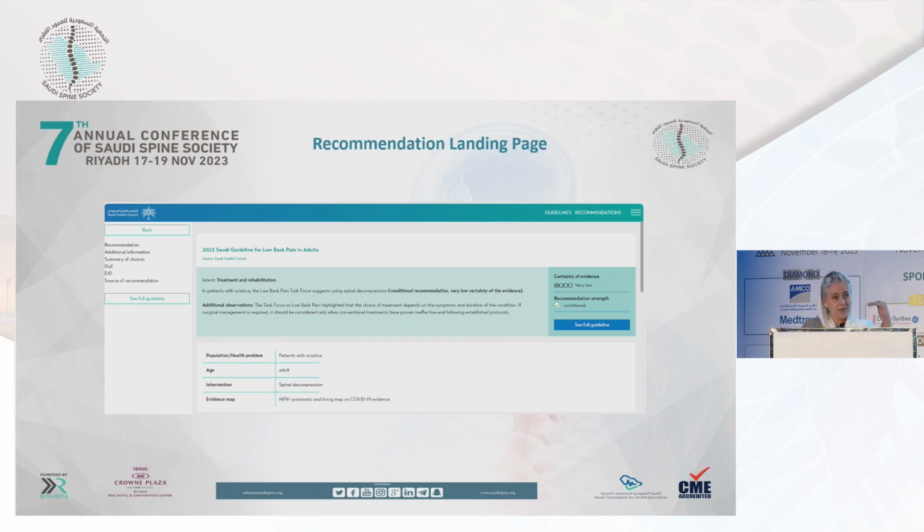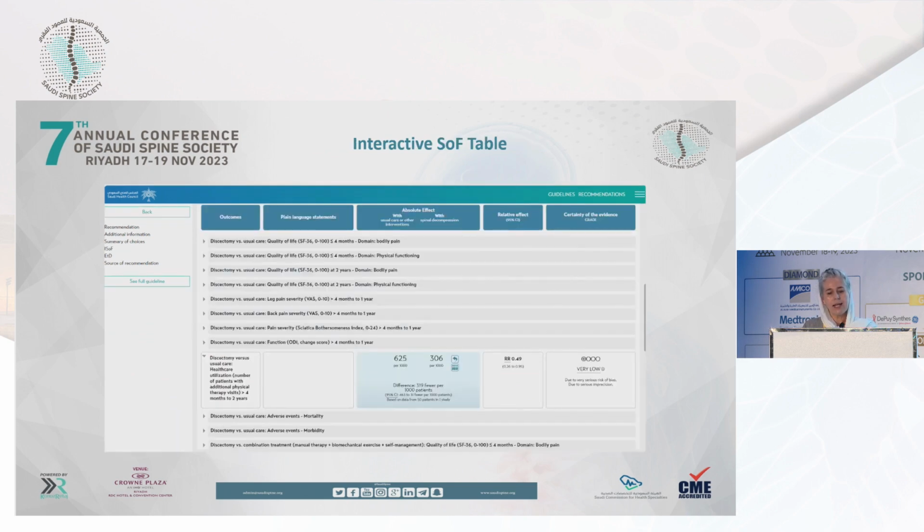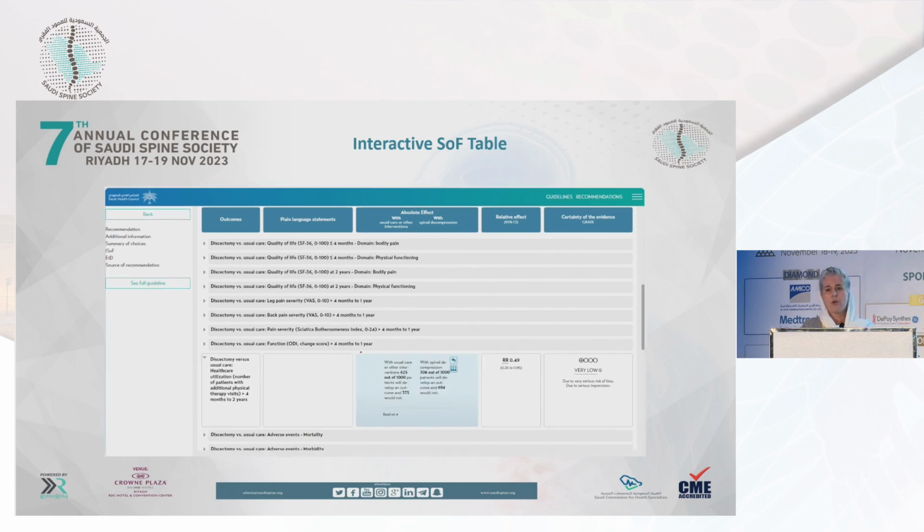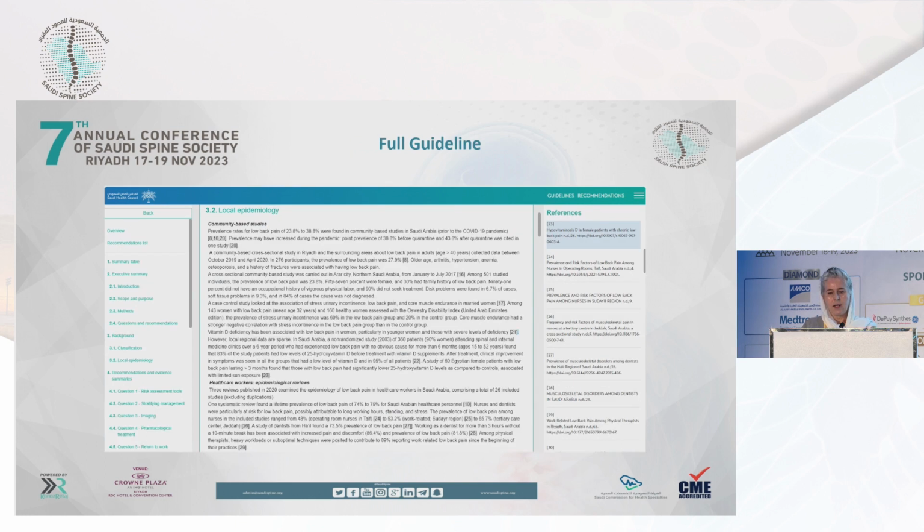You can then dive down into the more detailed levels beneath that recommendation, including the so-called summary of findings tables. As you see, for each of the outcomes, for each of the comparisons, the results are presented there, either in this numeric form or switched around to more text for those who prefer that. And then, of course, you can dive down into the full guideline at any moment.